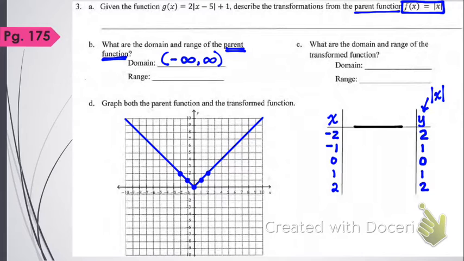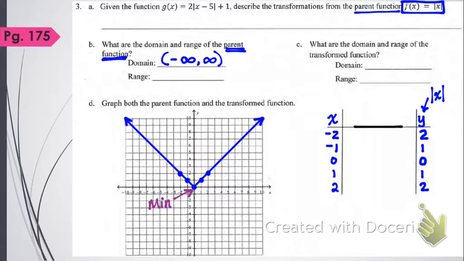We still describe that point that's at the bottom as the vertex. On this parent function, is that vertex right here a maximum or a minimum? Is it a highest point or a lowest point? Lowest, so this is a minimum. So this is the lowest it's going to go. Lowest it's ever going to go for the parent.